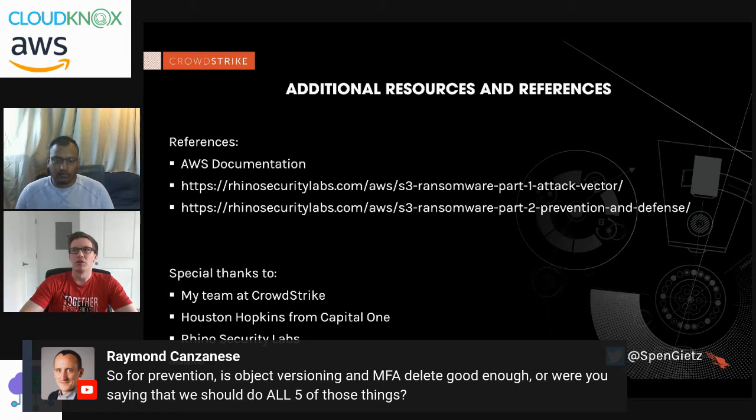And so then versioning and MFA delete wouldn't do it. I like to always just follow defense in depth and implement as much as you can. It's hard to take into account the cost though, and the work and changes that applies to your environment. But they're some of the best defenses, though it definitely won't protect you from everything essentially.